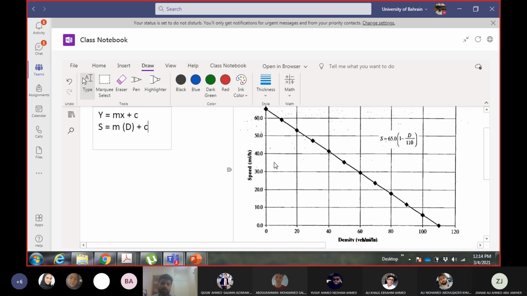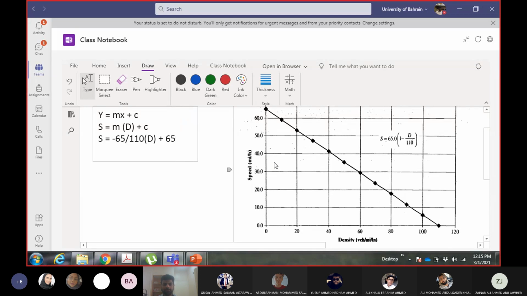This is just to refresh your minds. So m is the slope, which is 65 upon 110, y upon x, and c is the y-intercept, which is 65. So the equation of s will become minus 65 upon 110, because the slope is negative, it is going down, into d plus 65.